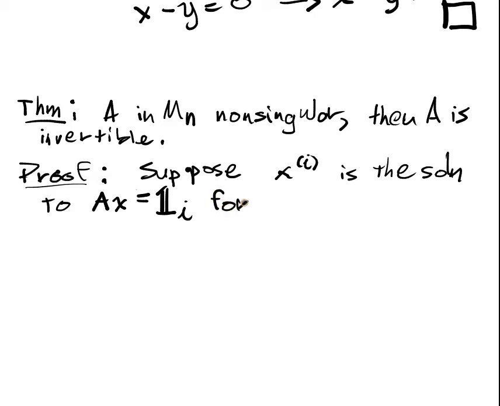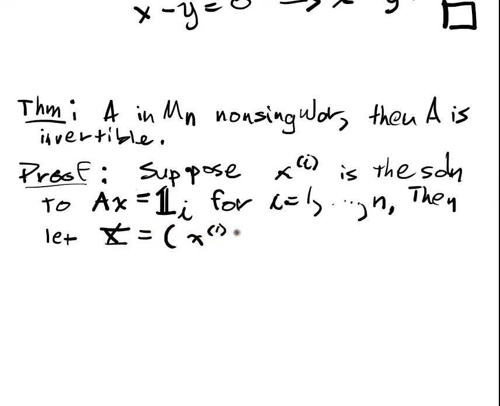And suppose this is the case for i equal to 1, 2, all the way up to n. Then let X be the matrix formed by all these x_i's. So this is x1, x2 is the second column, all the way up to xn.